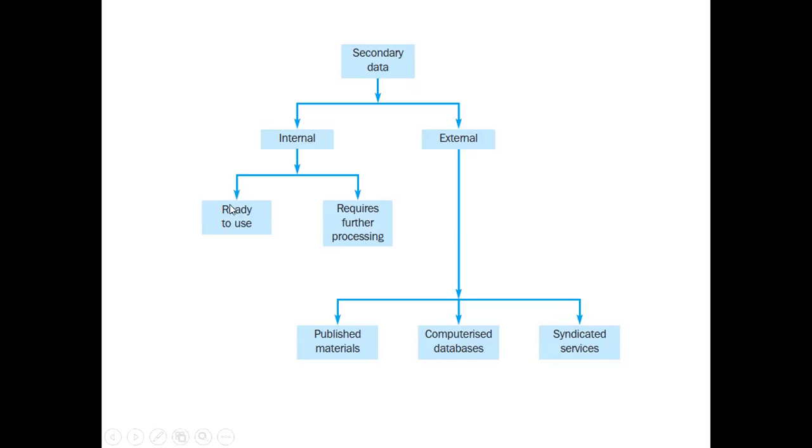Now, internal, they are available and they're ready to use. This will be, for example, company records, etc. But sometimes they may require further processing or transformation, etc. Then here you have published materials like financial reports, or economic reports, census, etc. But here internal, you have things like proceedings from the parliament or meetings, proceedings, all those are data, see?